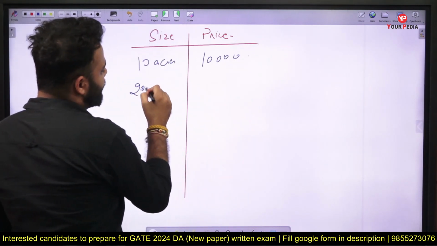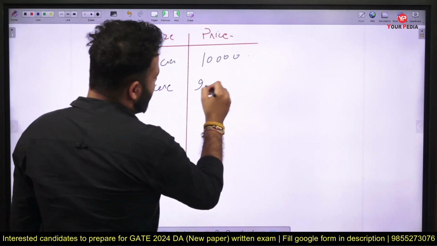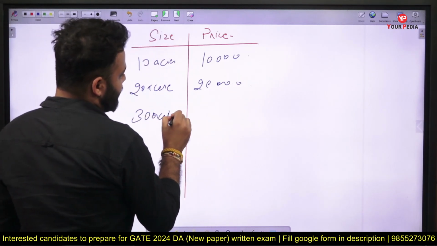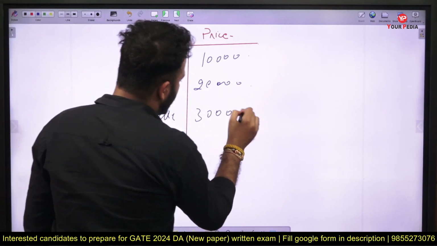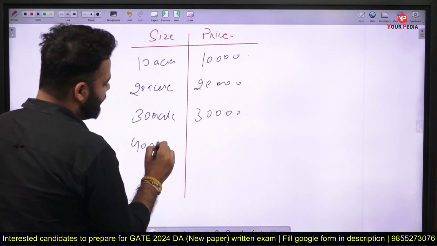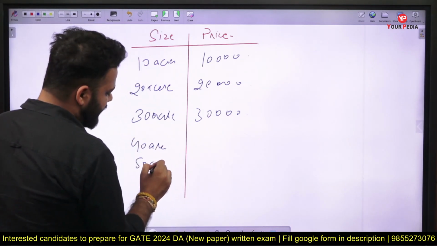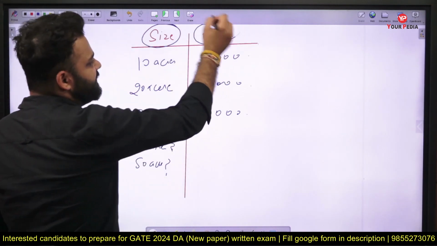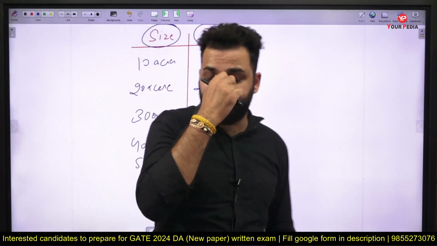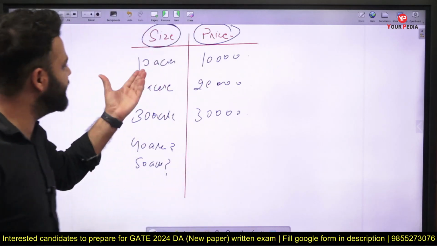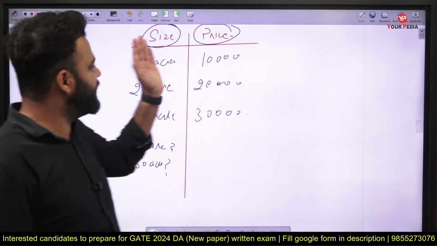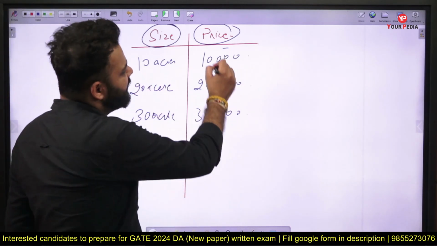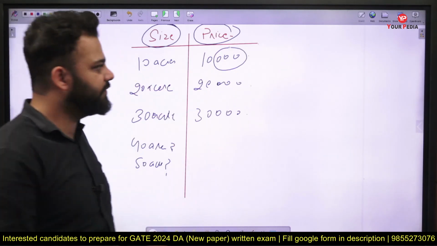You have 20 acres of land, the price is 20,000. 30 acres of land, the price is 30,000. It is asking what will be the price of 40 acres of land or 50 acres of land. Now here there are only two variables, size and price. Now it will see what is the relation between the size and the price. Now whatever the size of the plot is, you just multiply it with 1000 and you get the price of the plot.